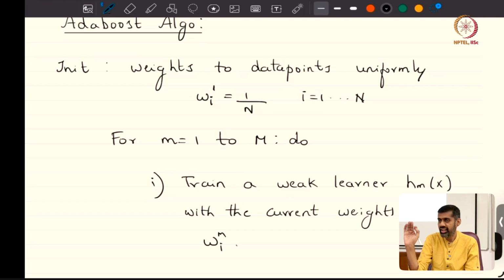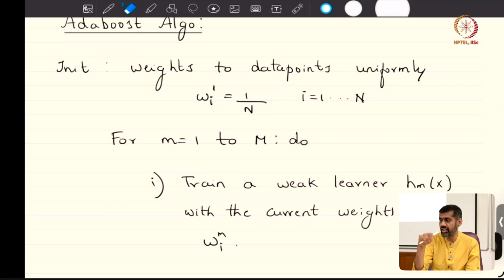The fundamental idea of AdaBoost is that you assign weights to each of the data samples, and iteratively you keep changing the weights associated with each data sample. Remember that in any boosting algorithm or ensemble technique, we will do sampling with replacement.